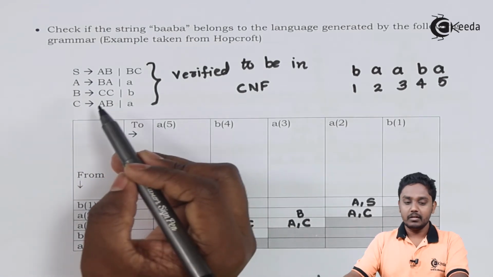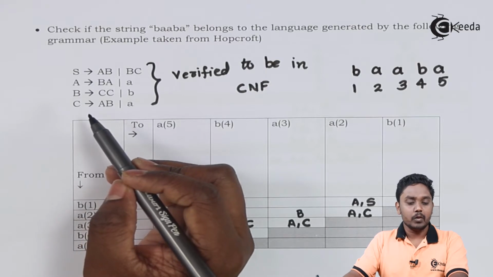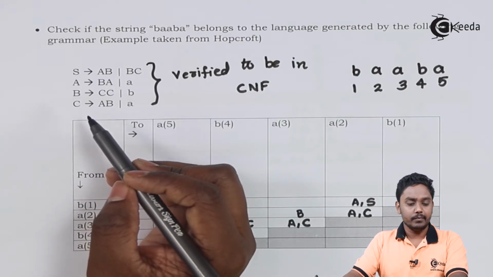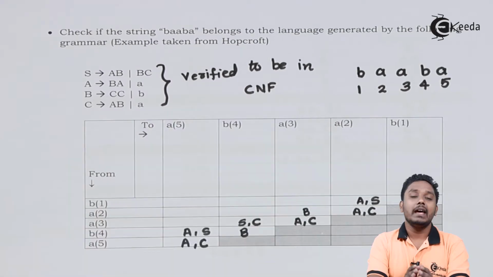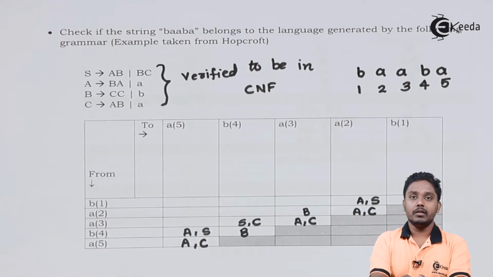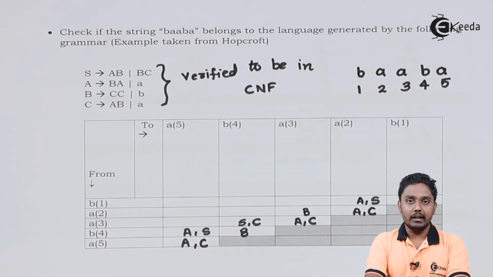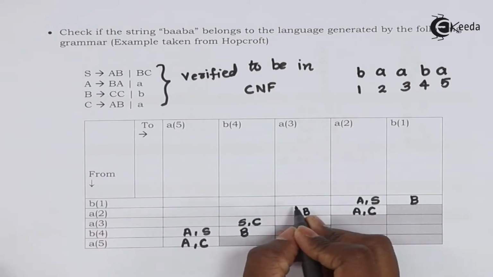That is, neither AA nor BB nor AS nor SA nor SC. And hence we can say that 1 3 is a substring of the string which is not produced by any symbol. We insert this using a null. This is first row, third column, we append a null there.